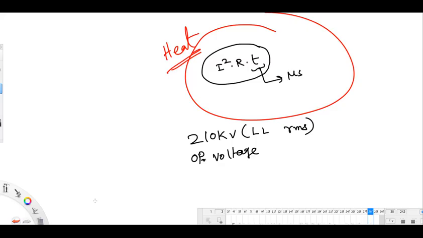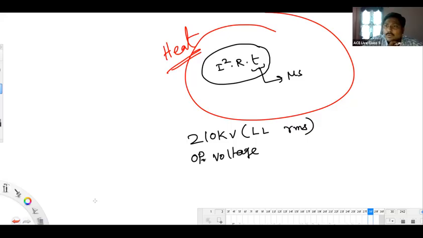Sir, I did not understand the relation between voltage drop and power losses. I don't say there is a relation between them. Those two are separate.